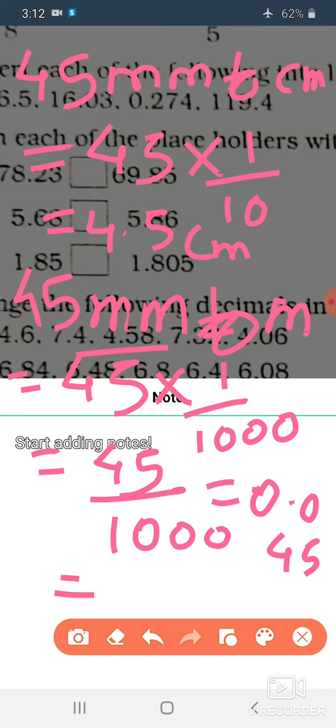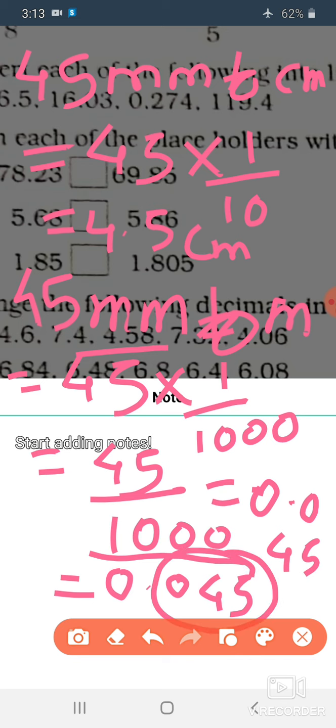I'm writing it here properly, 0.045. You know that when only zeros are in the denominator, we need to put the same number of digits in the decimals. Like if we have 3 zeros in the denominator, we need to put 3 digits in the decimal part.